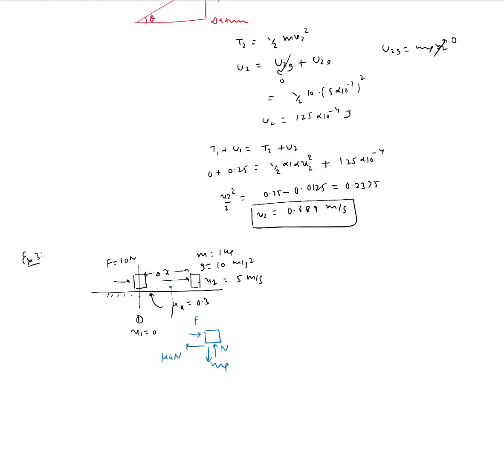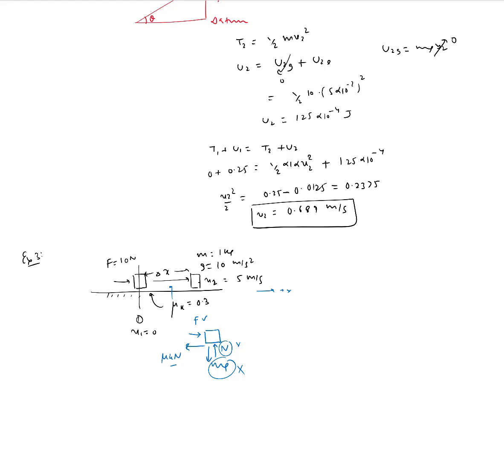Clearly N will not do any work, mg will not do any work because both of them are perpendicular to the direction of displacement. F will do work and μkN will do work, right? F and displacement are in the same direction, so that work done would be positive. Work done by μkN would be negative because μkN is pointing towards negative x direction while displacement is towards positive x. So let's say this is positive x direction.